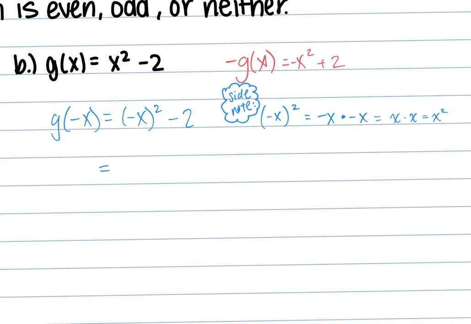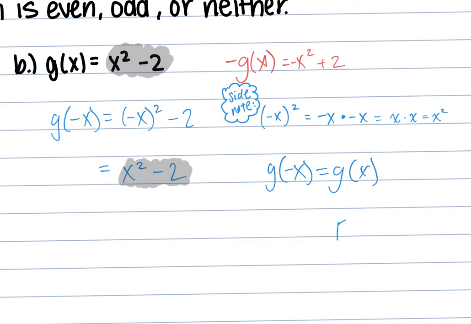If this is going to change to x squared minus 2, we're okay with writing it like that? Does it match the original function or the negative function? The original. So when you change the sign of x and you get g of negative x equals the original function, this is what we call an even function.